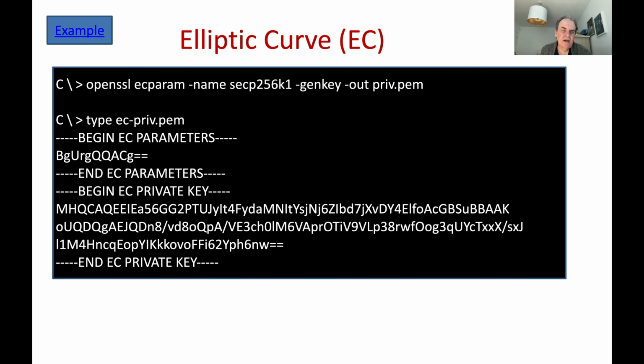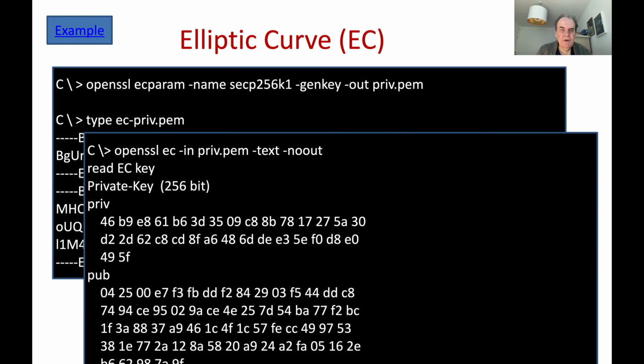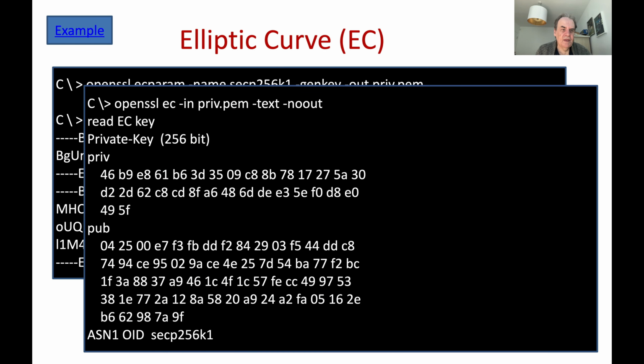So here is an example format for a key. We have the basic parameters of the curve, and then we have the private key in here. When we expand that, we can see that this private key contains the private scalar value, and the public key point.